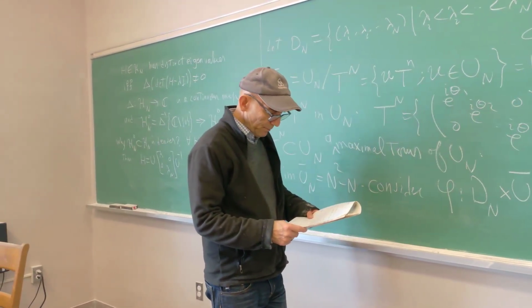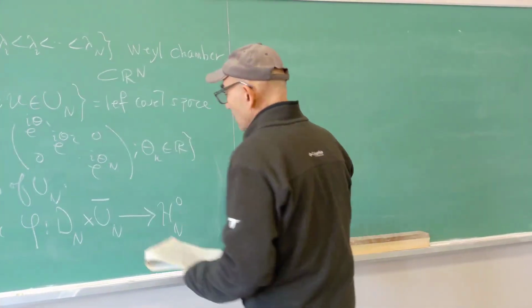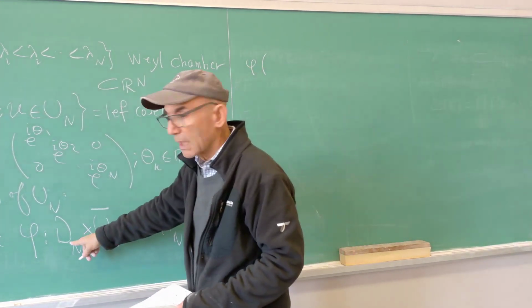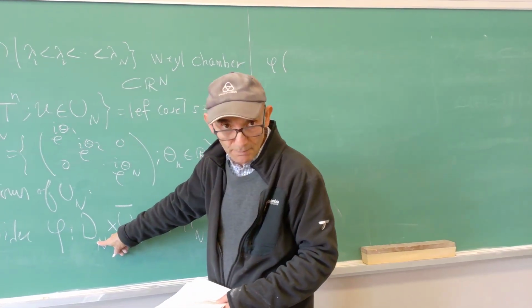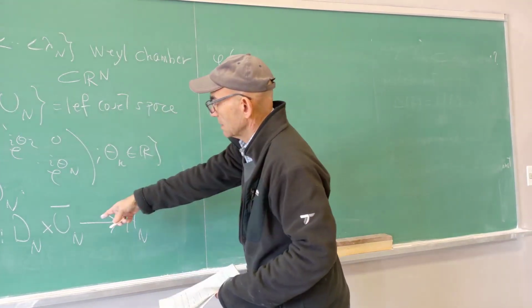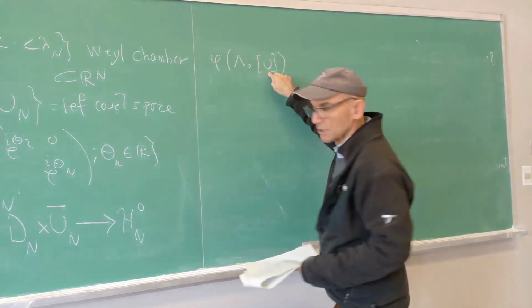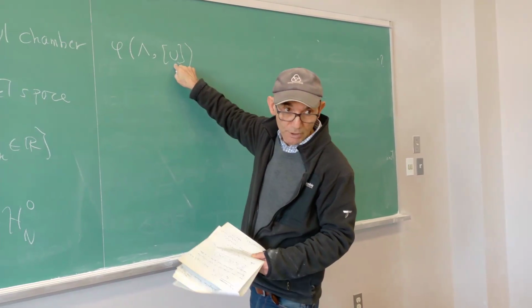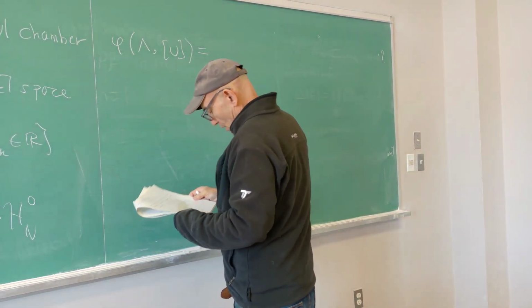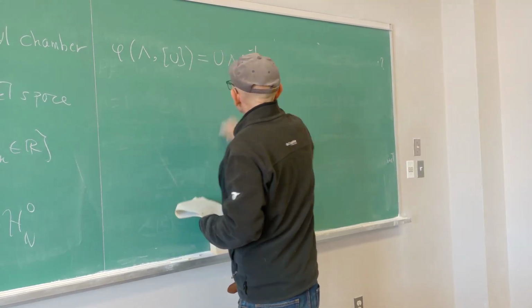So what is this map? This map just multiplies and conjugates, basically. The map is defined like this: phi of an element here, which I denoted by capital lambda because it's the eigenvalue matrix, and a quotient here, an element in the coset, put in brackets because this is just a coset, I just define it to be u lambda u star.